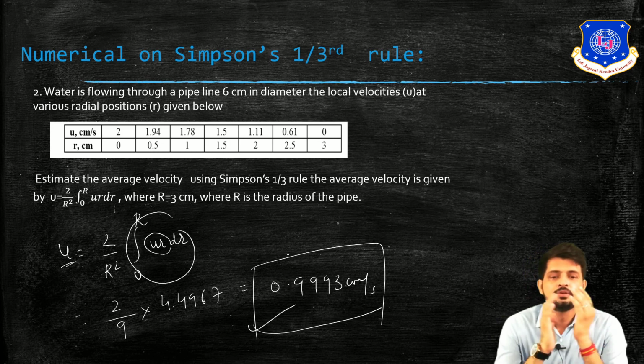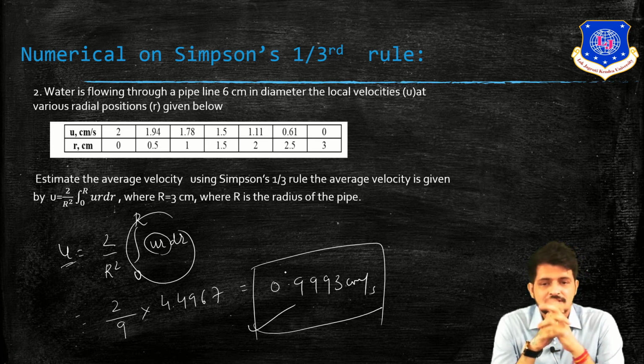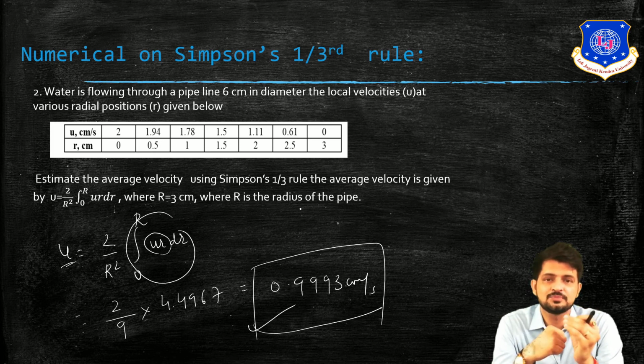So this is your answer. This is the average velocity, and this is a numerical of application in chemical engineering. In this way you can solve any numerical on the basis of Simpson 1/3 rule.